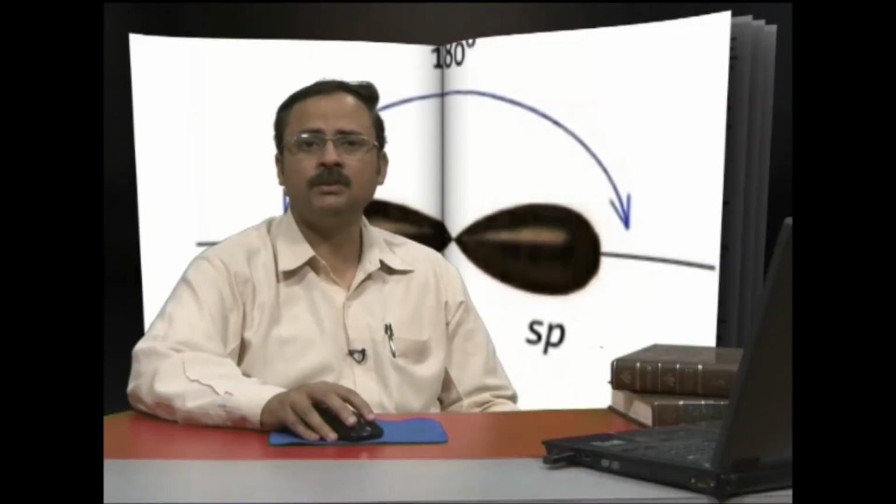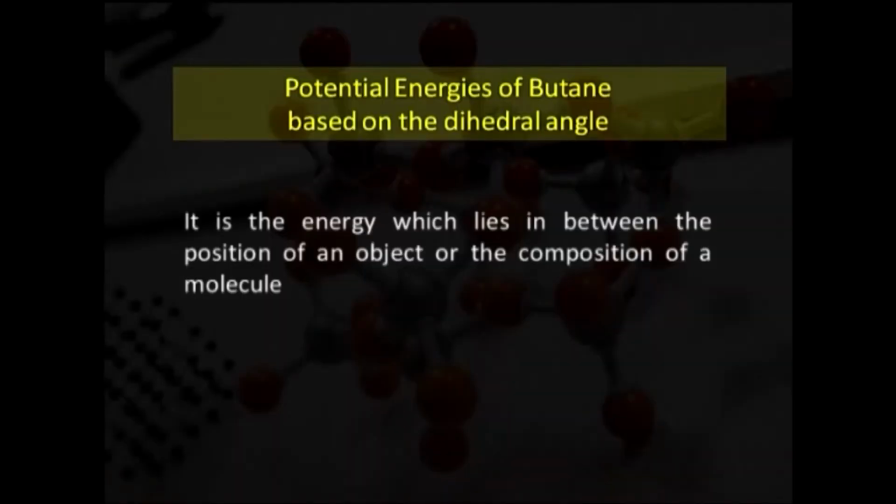Now, we will discuss the potential energies of butane based on the dihedral angle. So, first we must know what potential energy is. It is the energy which lies in the position of an object or the position of a molecule.